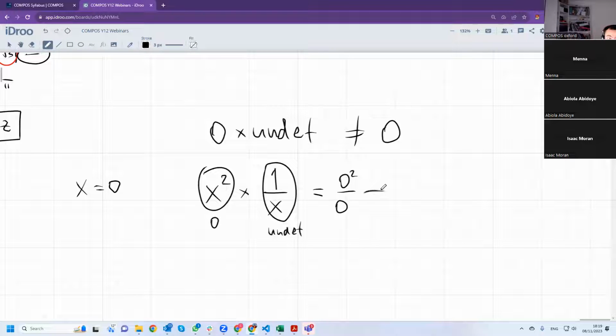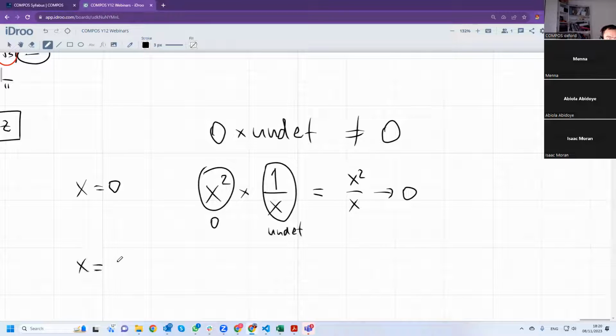If you simplify the expression, it's x squared over x, which tends to 0. So this is infinitely small. And at 0, it's still undefined. Like 0 times undefined is undefined.